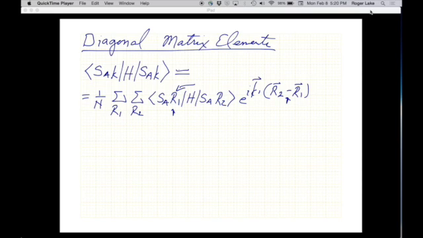You fix R1 at the origin, you do your sum over R2, and the only non-zero matrix element you're going to get is when R1 equals R2, when they're the same. And we're just going to call this the energy of the s orbital, epsilon sub s, on the A atom.